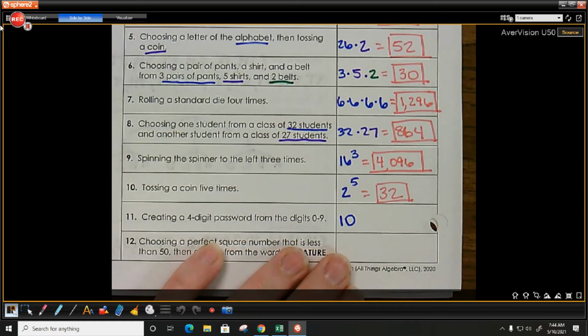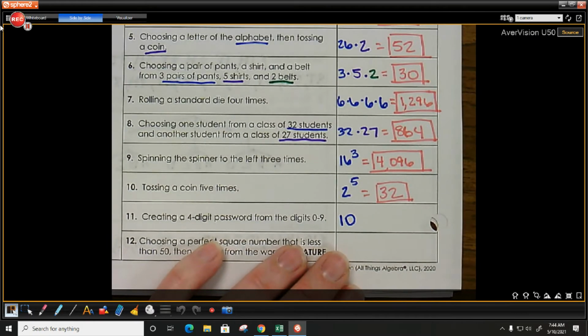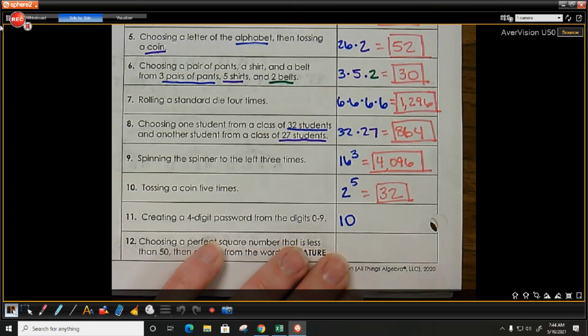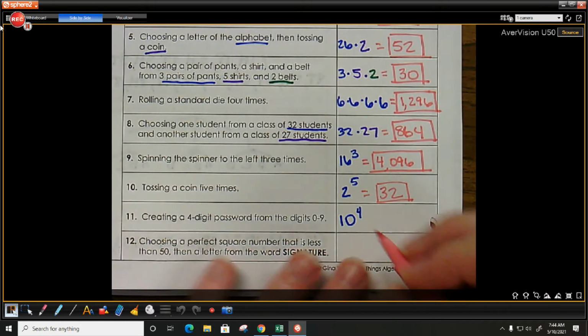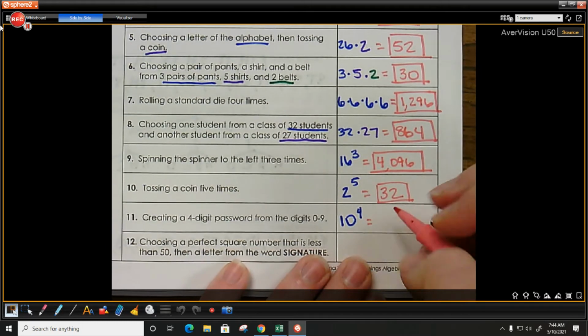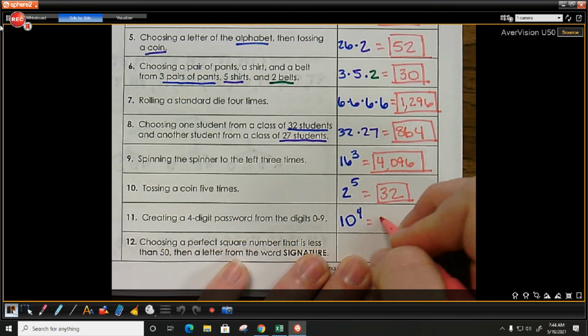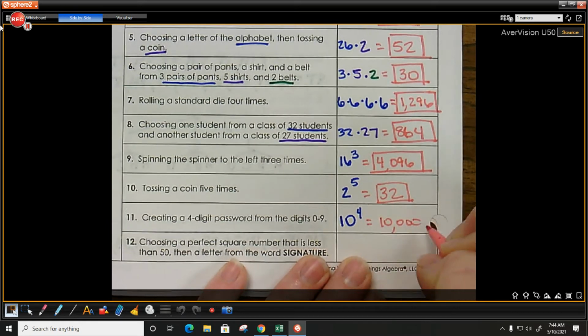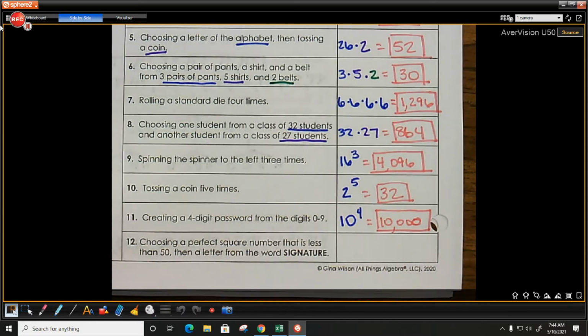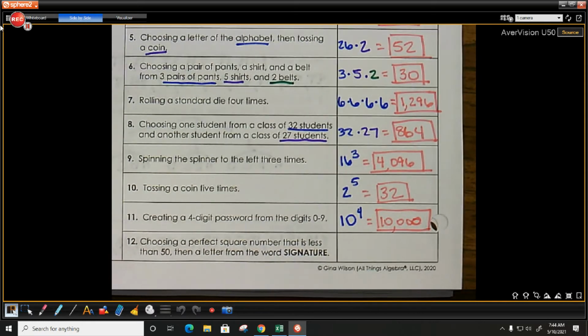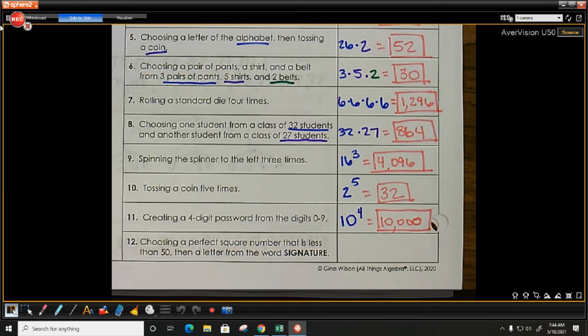How many options are there for the second digit? 10, the third digit, the fourth digit. 10. So it's just 10 to the fourth power, which is what? 10,000. Do you see how a 4-digit password can be super hard to crack? There's 10,000 different combinations.